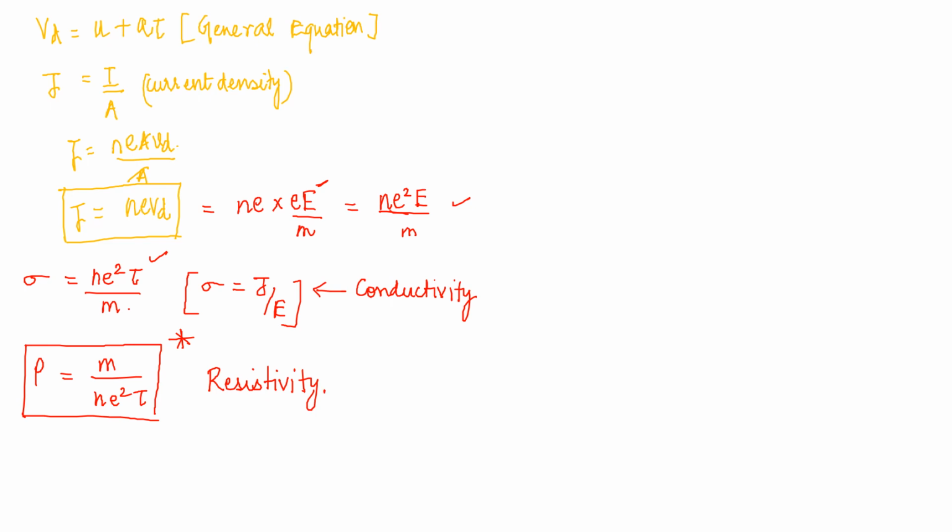Now we know that our drift velocity equals to eV tau upon mL. From where is this V by L coming? We have got it from E. We have seen E equals to V upon L, and from here we are getting this equation. Now capital V is the potential difference across the ends of the conductor, e is charge, tau is relaxation time, L is the length.